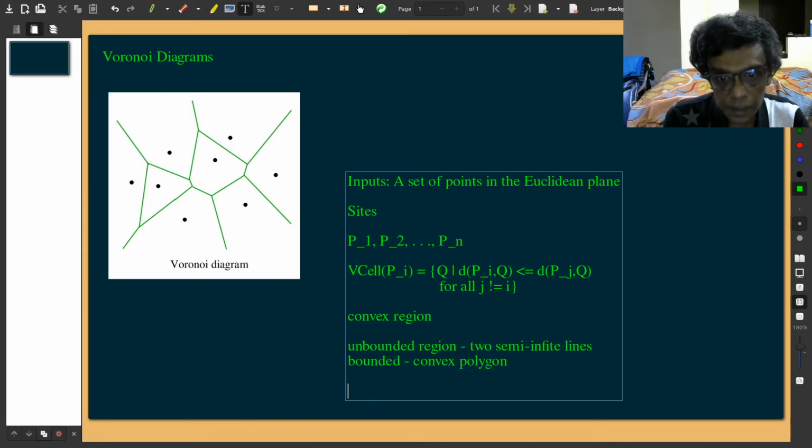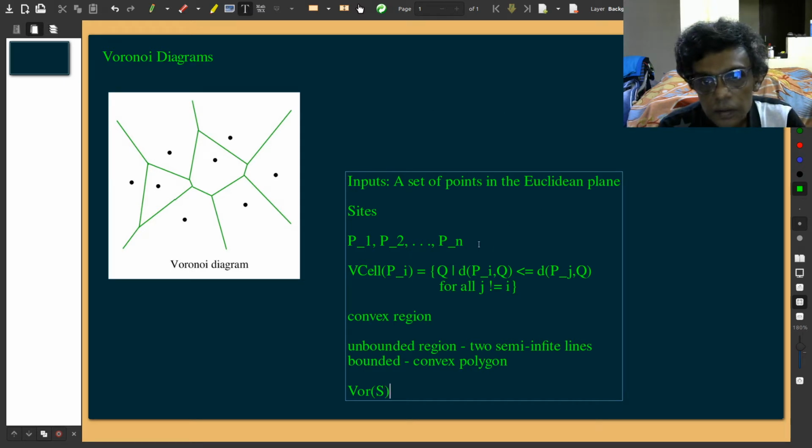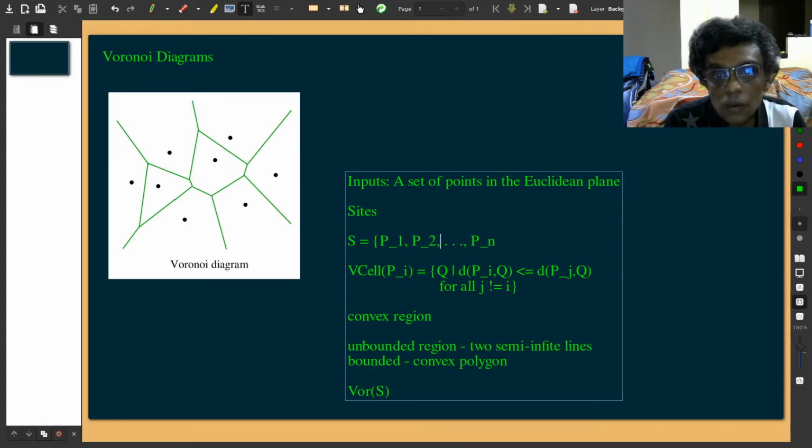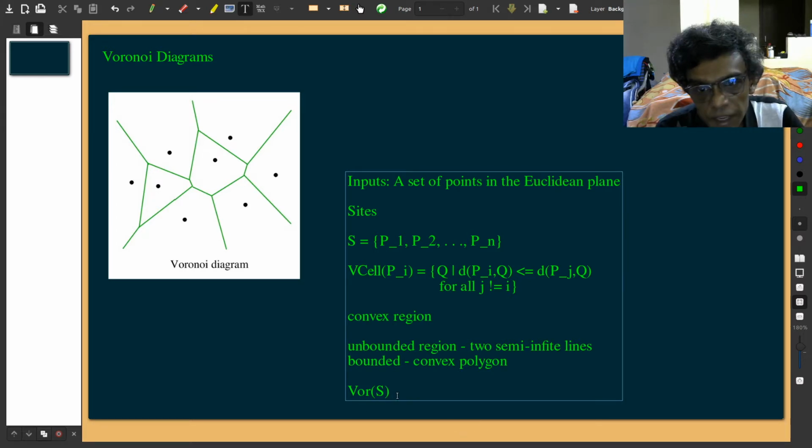Now let us say this is the set of sites, we call it S. By VOR of S, I essentially imply these special boundaries.